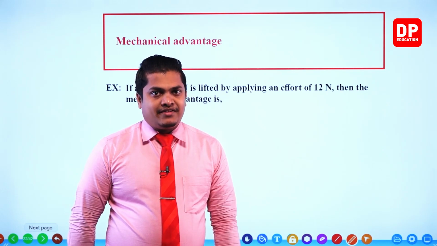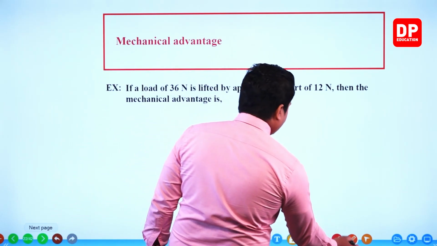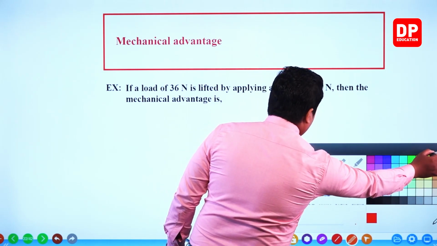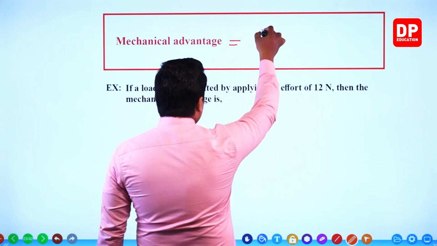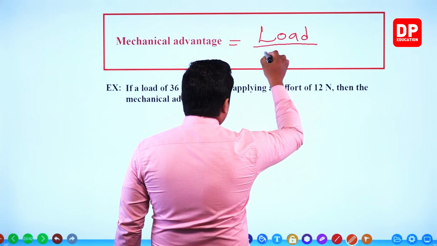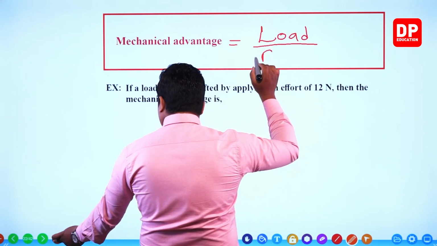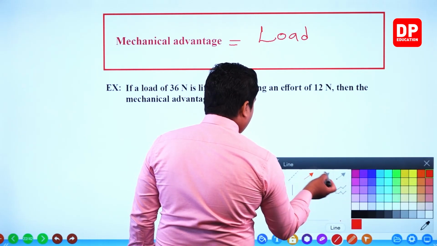This benefit is measured as a ratio. So this mechanical advantage is equal to, very simple, load divided by effort. It is equal to load over effort.